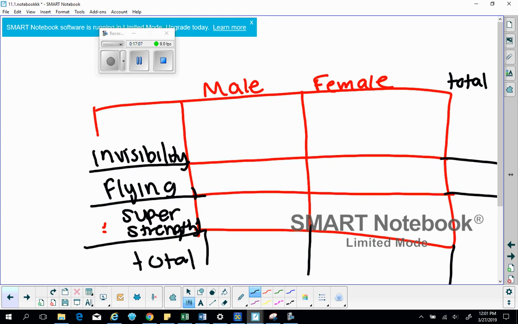Alright, so sit back down. Now, let's make sure everyone got the right data. If you are a male, raise your hand. 1, 2, 3, 4, 5, 6, 7, 8, 9 males. That means your total should add up to 9. So you should have nine people you've surveyed that are boys.